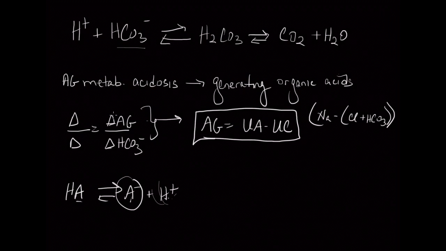And since we're looking at the changes in all of these, the changes should be the same, and therefore your ratio should be 1. So in a pure anion gap metabolic acidosis, the change in your anion gap divided by the change in your bicarbonate should equal 1. Of course, there are conditions when that's not the case, and let's go through what those conditions are.